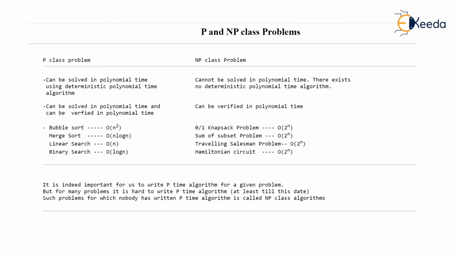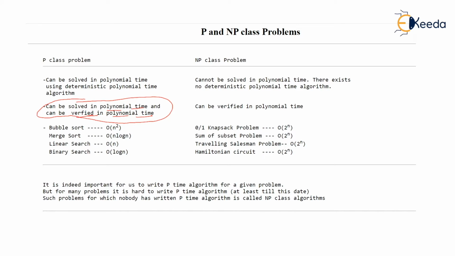Now coming to a very important point about P and NP. Now you watch the point written in the center here. What are P time problems or P class problems? These types of problems can be solved in polynomial time, you know that, and can even be verified in polynomial time. What is that now?